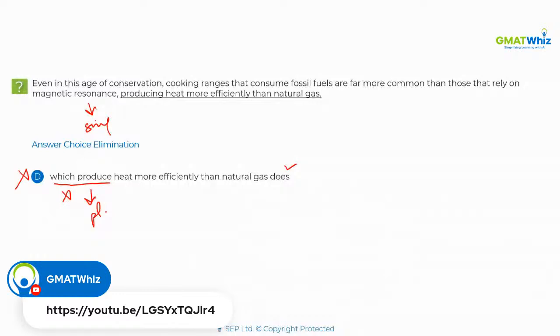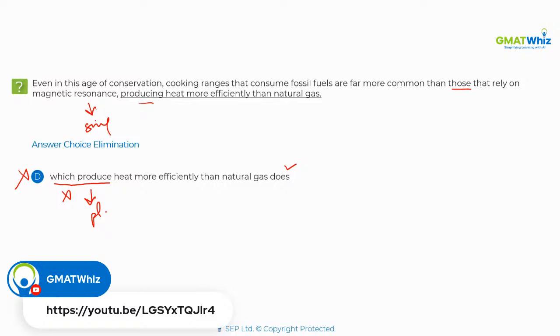We'd rather say that it is the cooking range using magnetic resonance than say that magnetic resonance produces heat more efficiently. All right, so if we change this to S and we still have option B, B would be the answer, because the original sentence is also telling you that it is the magnetic resonance cooking ranges that are producing heat more efficiently than natural gas cooking ranges.